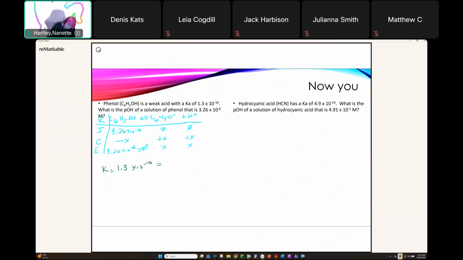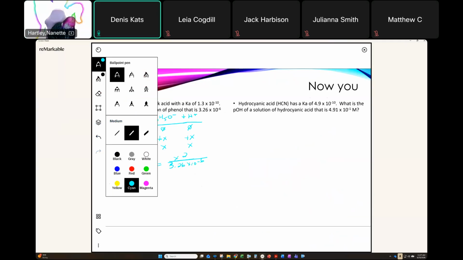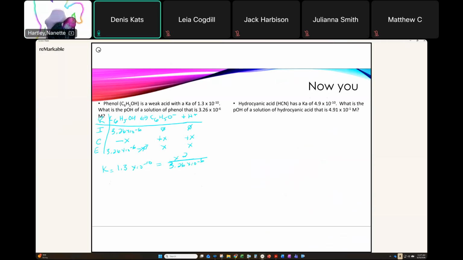That's equal to x squared over 3.26 times 10 to the minus 6. So multiplying both sides by the 3.26 times 10 to the minus 6, 1.3 times 10 to the minus 10th times 3.26 times 10 to the minus 6 is equal to x squared.